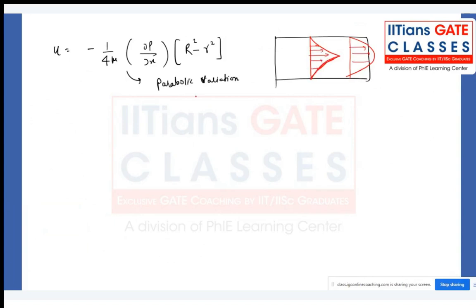At r equal to 0, taken from the center line, you know that u is u maximum. Then what is the u maximum formula? This is the u maximum formula.